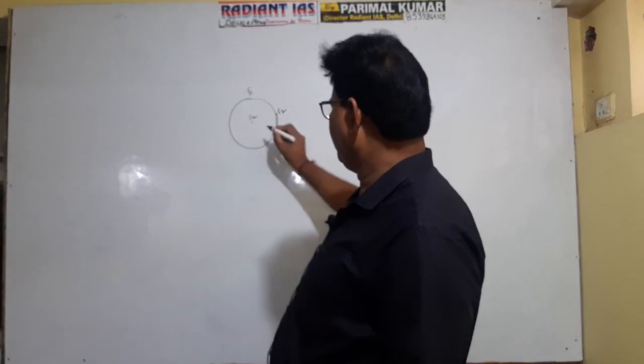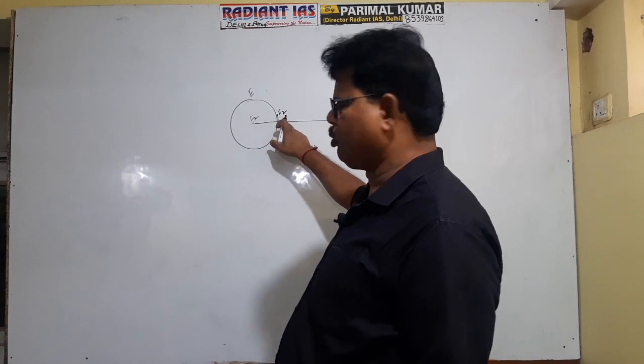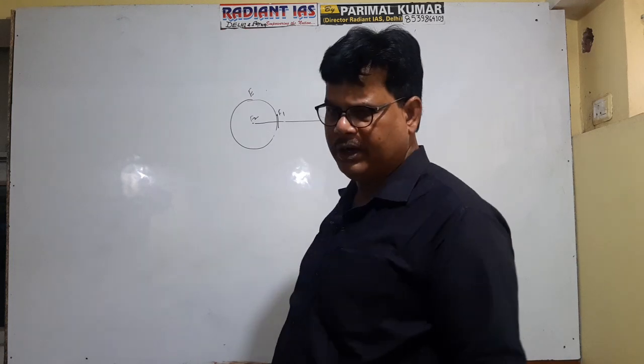So the tide producing force is the difference between the two forces, that is F1 minus F2.